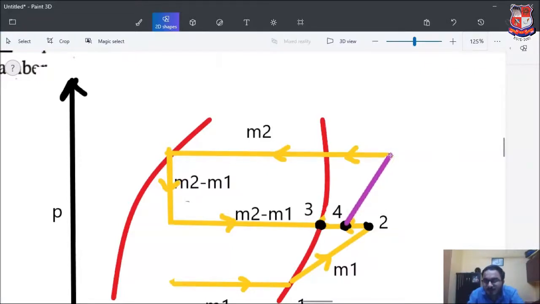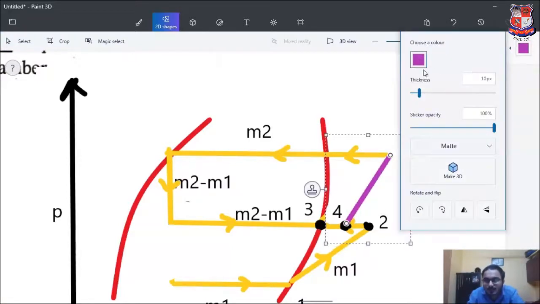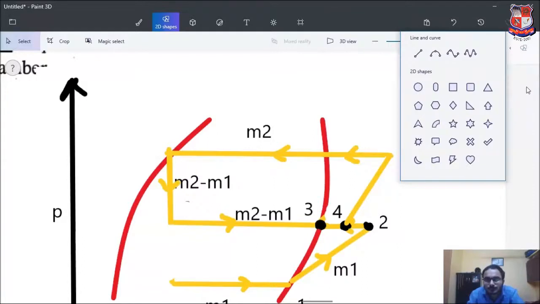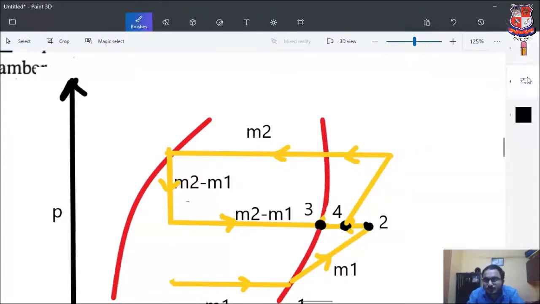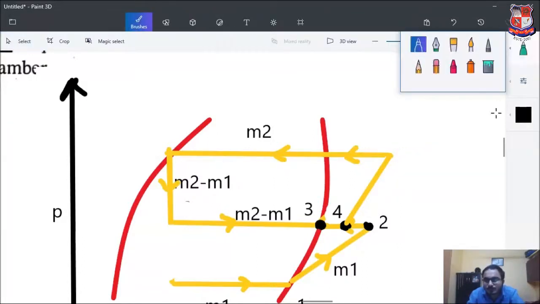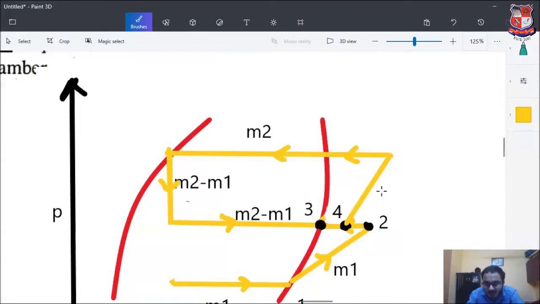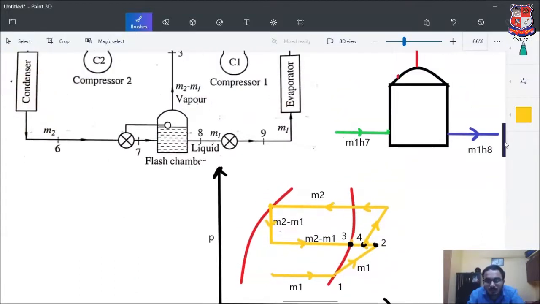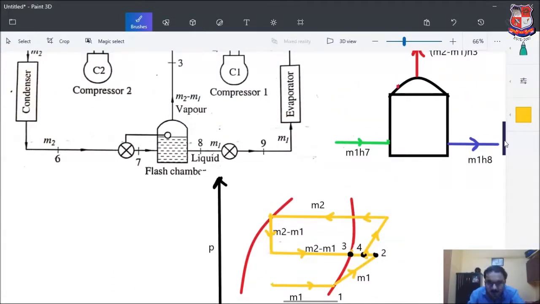happening from here to here, and this will be obviously yellow, and the direction is also drawn. So this has to be our... wait.